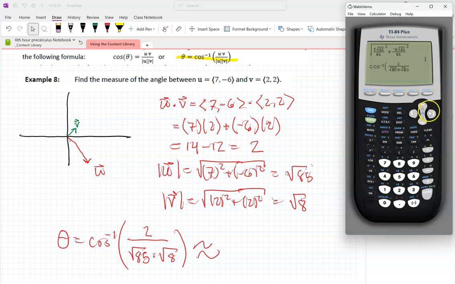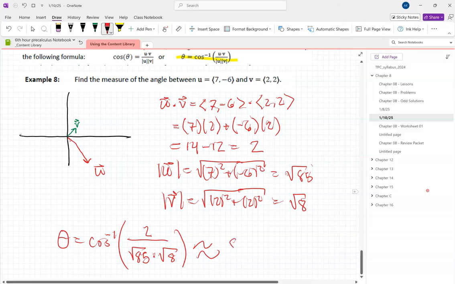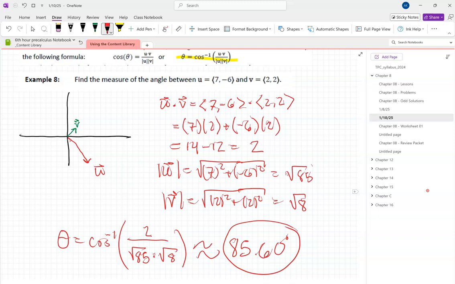Notice that I did not even think once about trying to simplify any of these radicals or rationalize the denominator, because this is not a final answer. I don't care what any of those values are. They don't have to be simplified or made nice. It's all just going into my calculator anyway. I get 85.60, which is squarely in the range of values that I would have expected. So I feel pretty good about that.